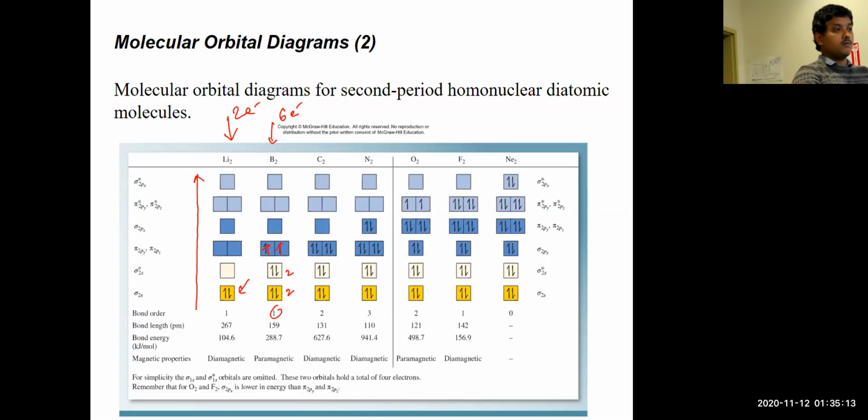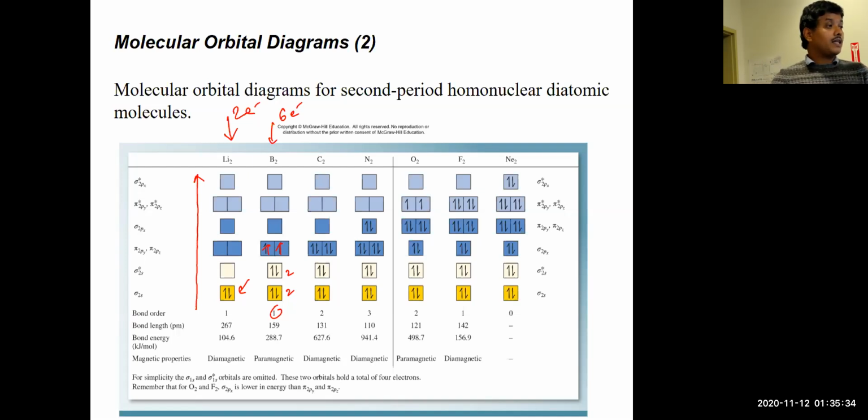Okay, now let's use the other data that we have. Let's compare bond length between Li2 and B2. Bond length is decreasing from Li2 to B2 because there are more shared molecular orbitals in B2 compared to Li2.